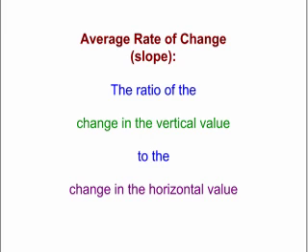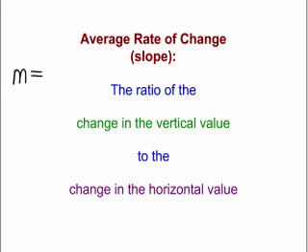So just as a reminder about the average rate of change, we also refer to this as the slope, and we have looked at the slope of linear functions. And the slope is the ratio of the change in the vertical value to the change in the horizontal value.